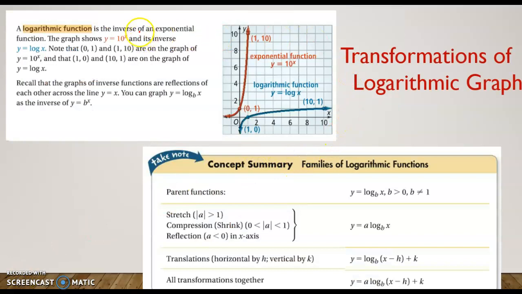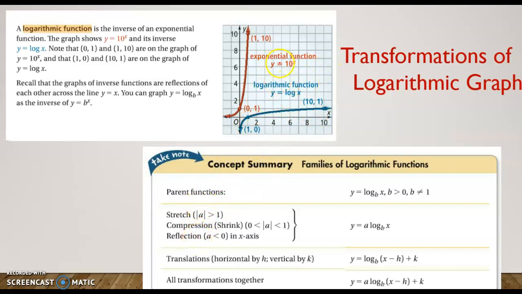Okay, this right here is logarithmic function graphs. And here you can see it's exactly the same thing we've had before. This is all transformations together, but the a in front, it's a stretch if the a is greater than 1, because it gets thinner and flatter. Compression if it becomes kind of up like this.